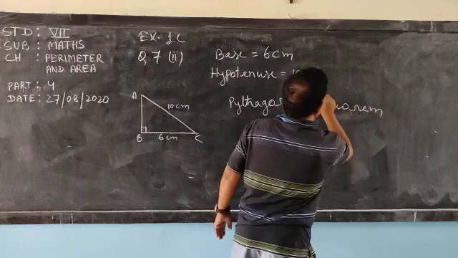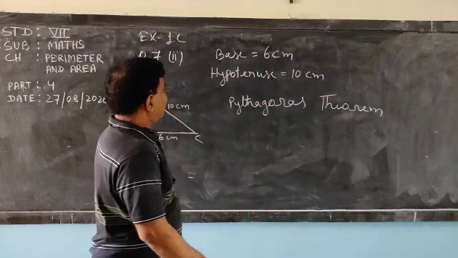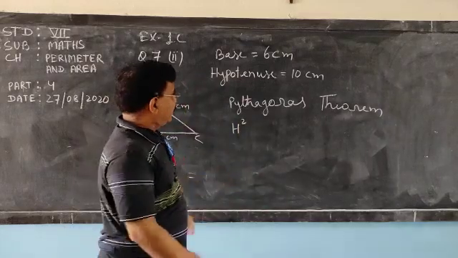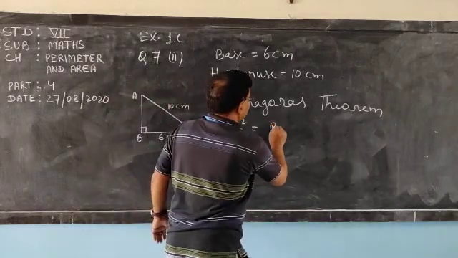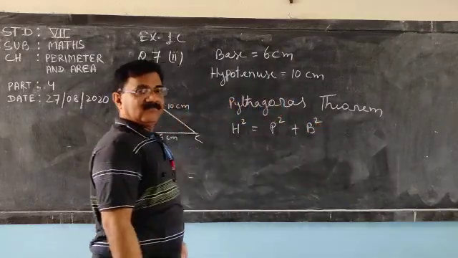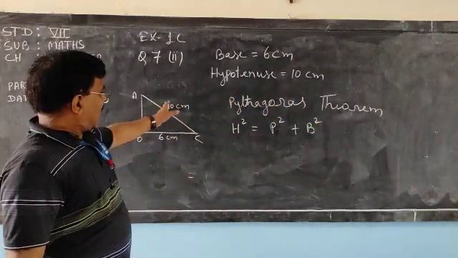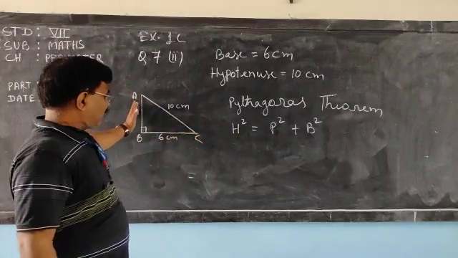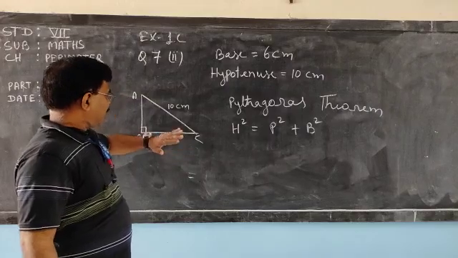So what is Pythagoras theorem? Hypotenuse square is equal to perpendicular square plus base square. Understood or not? Hypotenuse square is equal to perpendicular square plus base square.